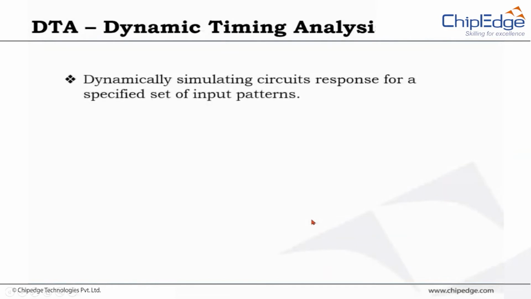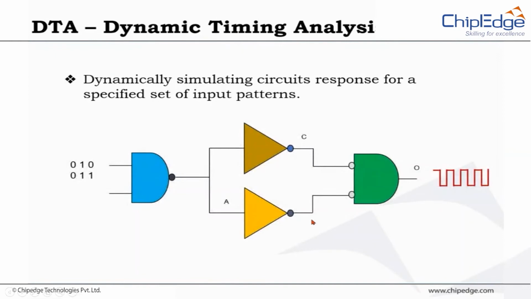So dynamic timing analysis is another aspect where you are trying to actually simulate your circuit with vectors, that is to say with your test cases. Now, this particular method has its limitation like we discussed. In dynamic timing analysis, you're trying to pass patterns through some code and then you're seeing the response, and then you're seeing if the response is within a certain time duration that you would expect. So that's going to come back and give you violations for sure.